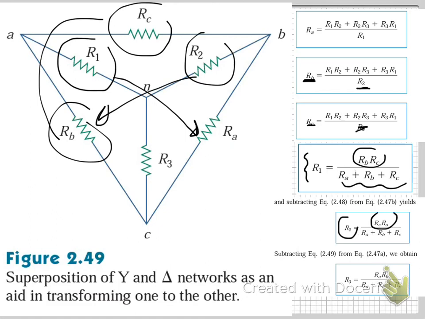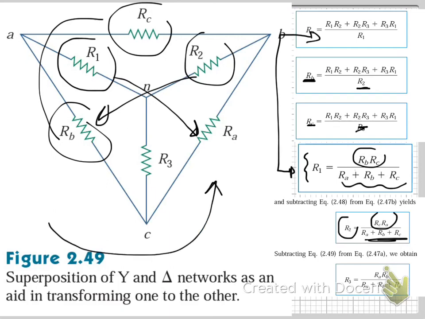You can see this is RC, RA divided by the sum of the rest, and R3, the same thing. So you just need to memorize a formula for RA, a formula for R1, and be able to sketch this quickly without blowing a brain cell or two.